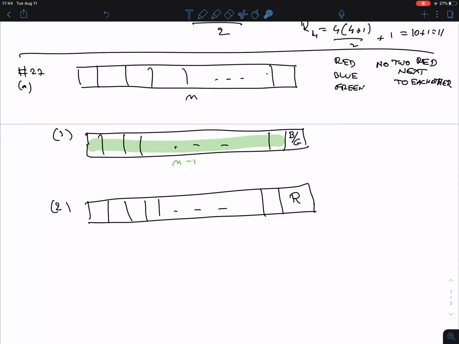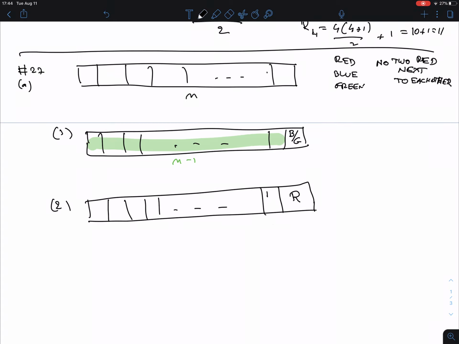So if I want to make something that ends in a red tile, I must make sure that the penultimate tile is either blue or green. So my options are blue or green here. Okay, and then everything else, the initial part, could be whatever it wants to be. As long as it's a valid tile pavement, then adding these 2 tiles makes it valid again.